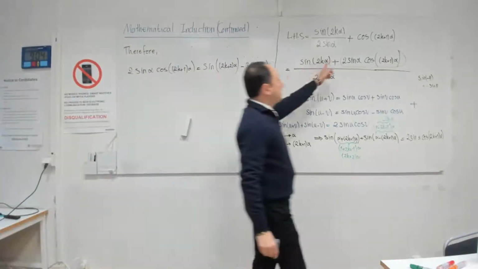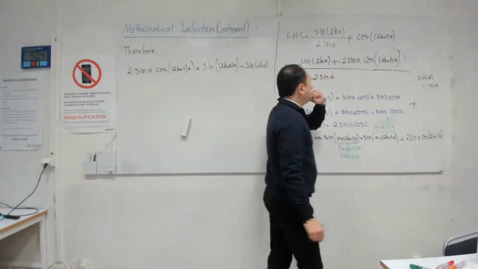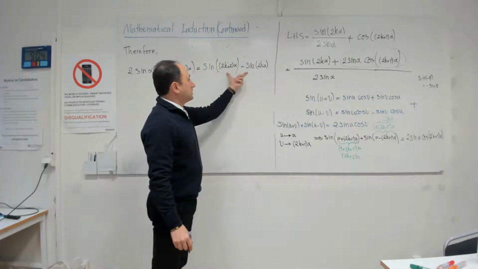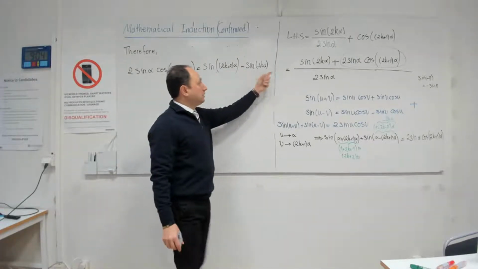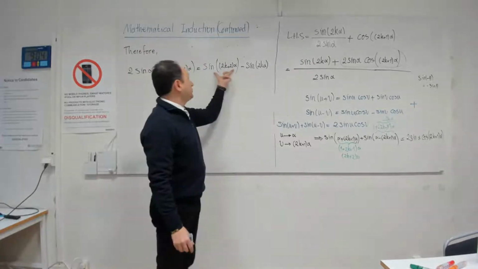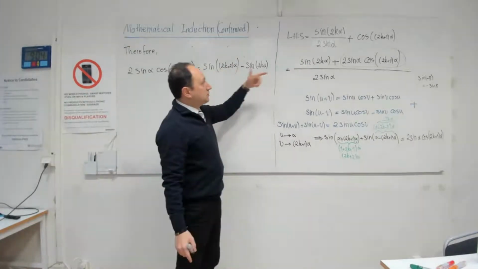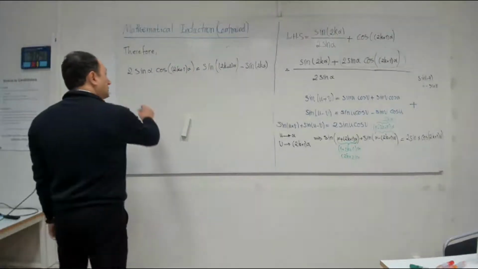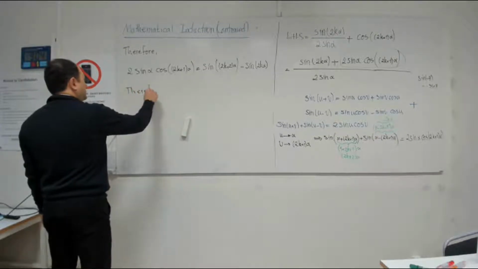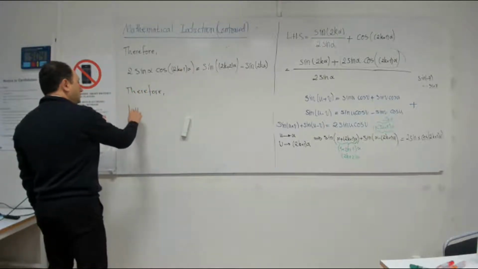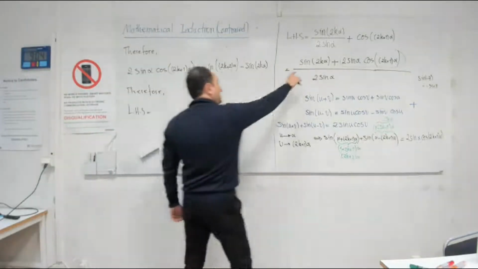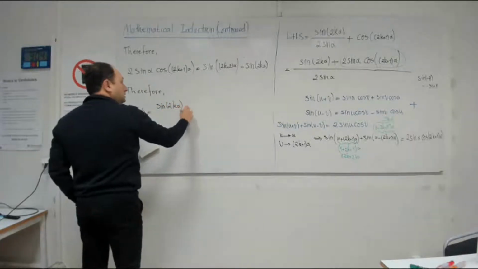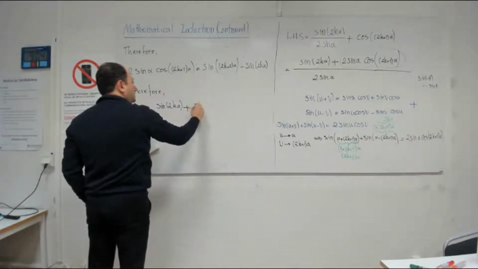So we are done, yes? Because instead of this expression in this blue part, I am allowed to put this expression, but this minus sine 2k alpha will cancel this one, and what is left for me is this one, and that is exactly the right-hand side that I wanted to show. Unfortunately, I erased that. Yes? So this means that therefore, the left-hand side is equal to sine 2k alpha plus, instead of that one in the box, I put this expression.